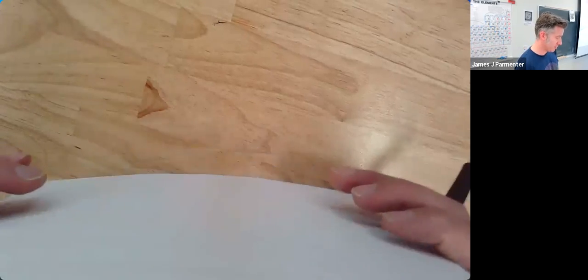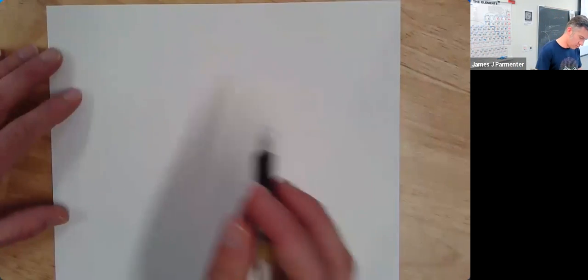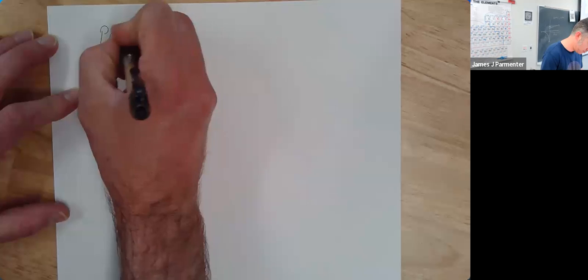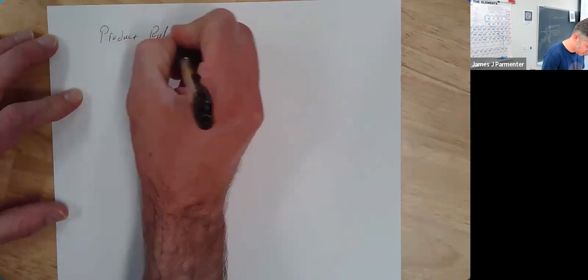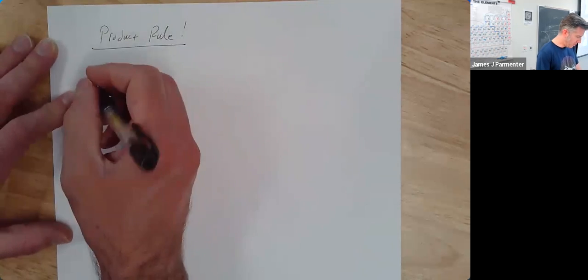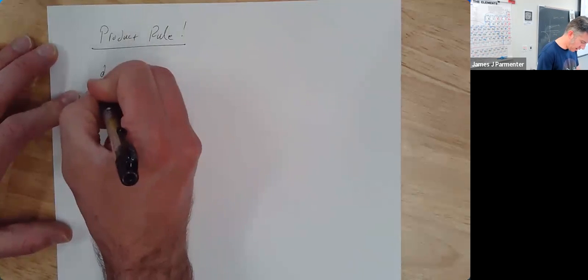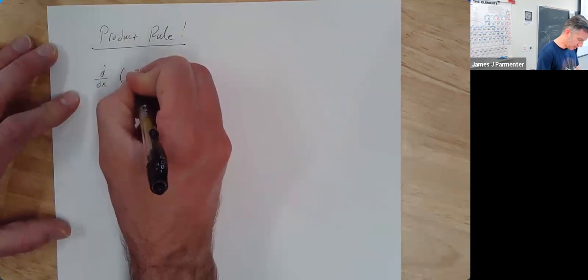So let's talk about the product rule, which is really why I want to talk. So I want to find the derivative of x squared times sine of x.